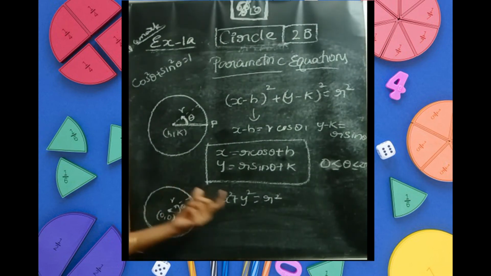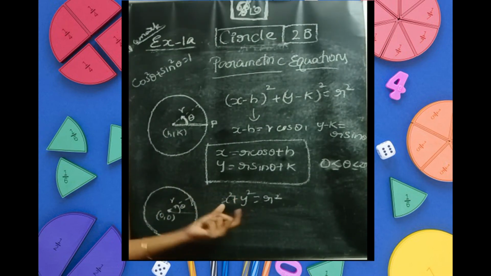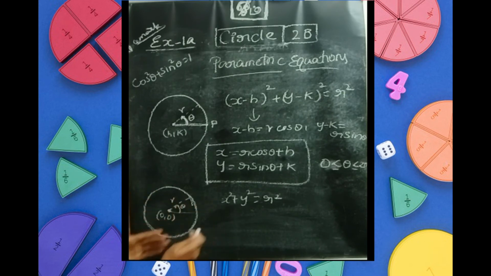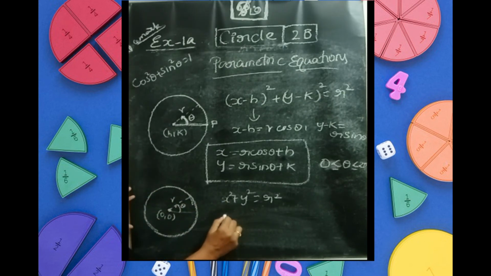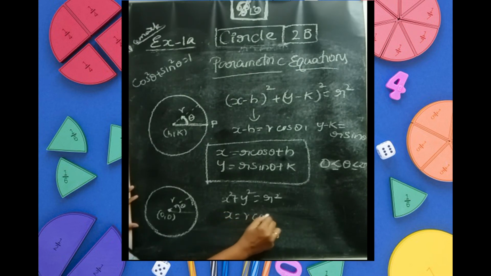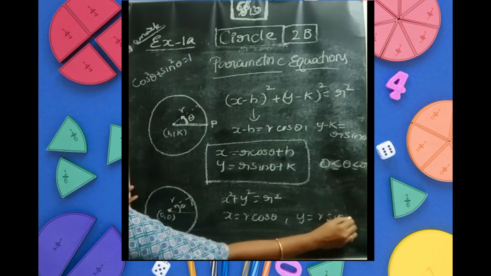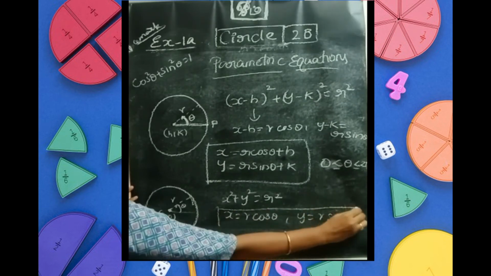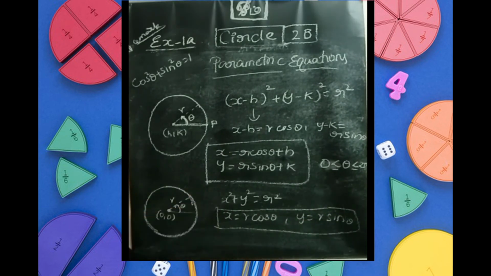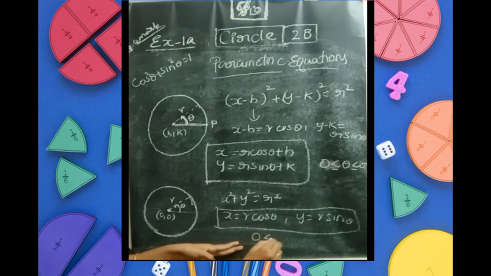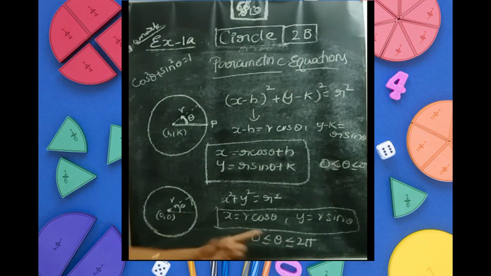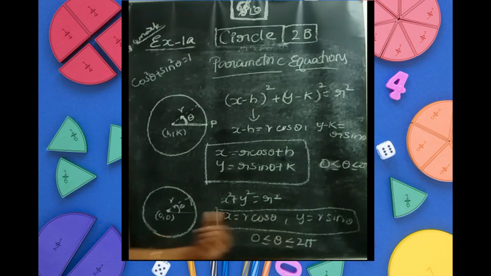This is the equation for a circle with center at the origin and radius r. For this, the parametric equations are x equals r cos theta, comma, y equals r sin theta. This is the parametric equation for this circle, and an important note is that theta lies between 0 and 2 pi.